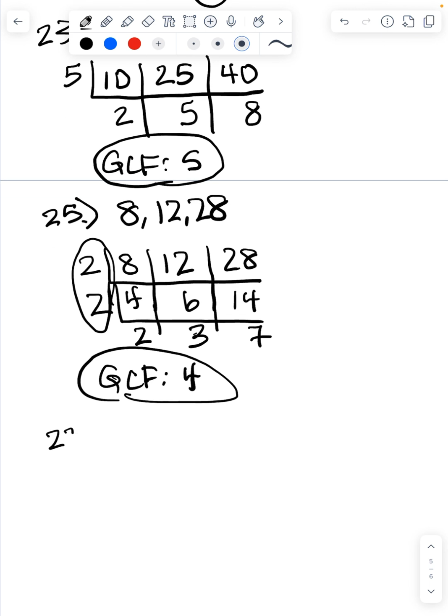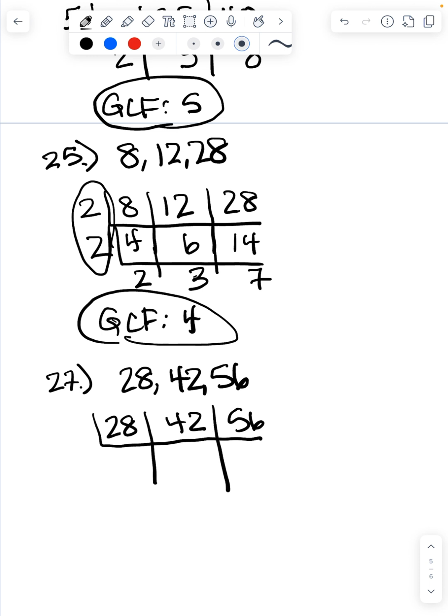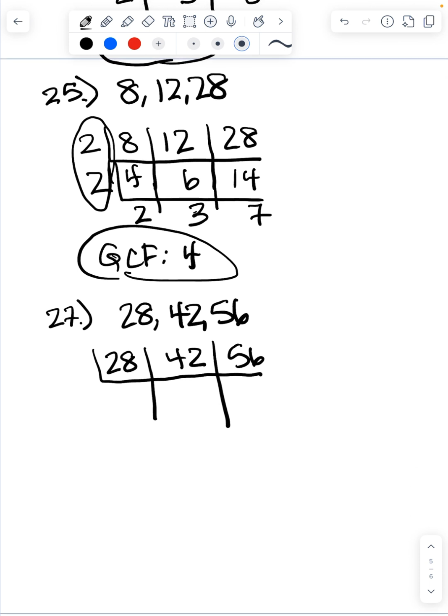Number 27. 28, 42, and 56. All right, I'll do a ladder here. You could just do the prime factorizations like I did earlier. It doesn't specify what method to use to get the prime factorization or to get the GCF, so I'm going to go with this method. Let's divide all three by 2.